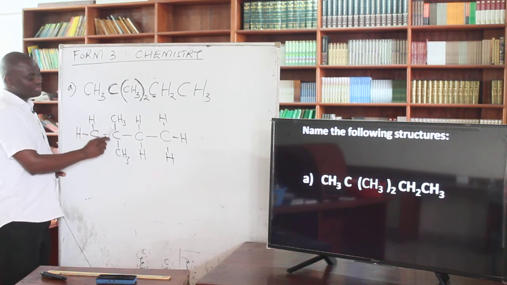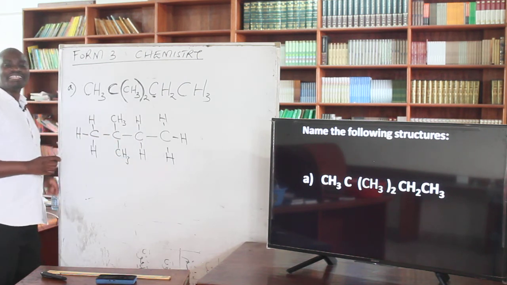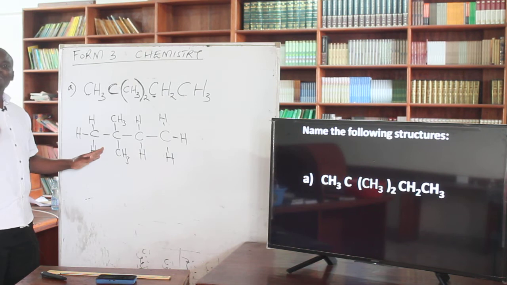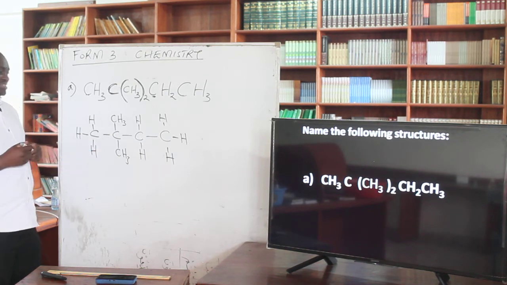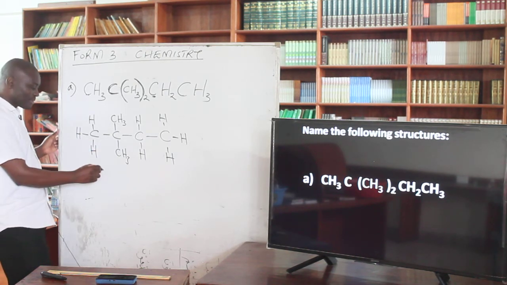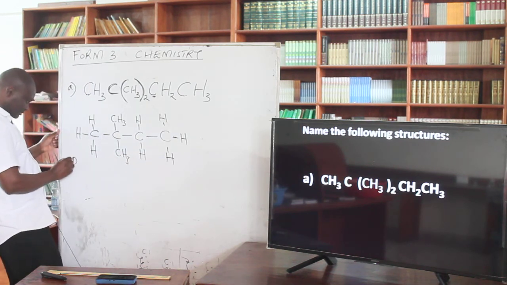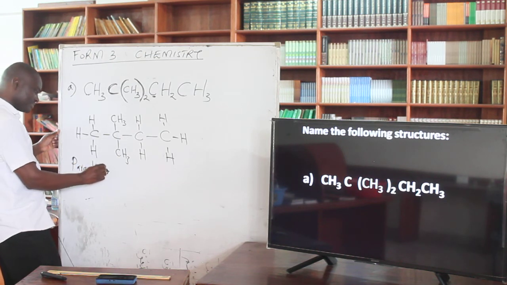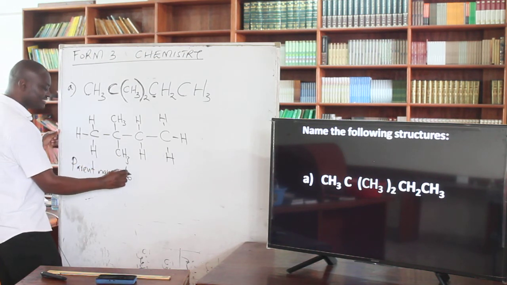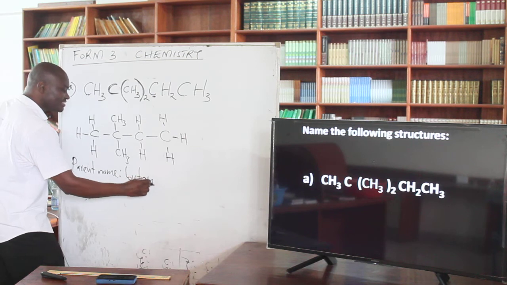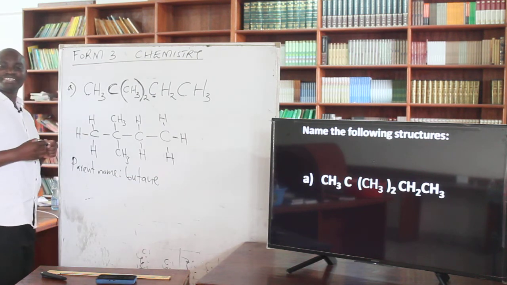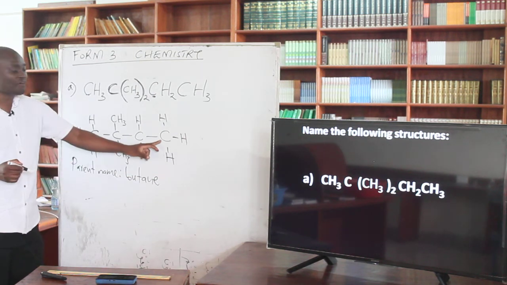An alkane with 4 carbon atoms is called butane. So the parent name is butane. Why? It has 1, 2, 3, 4.